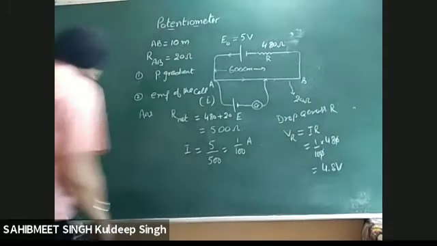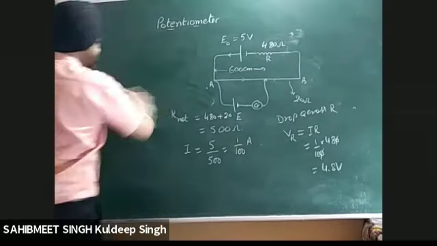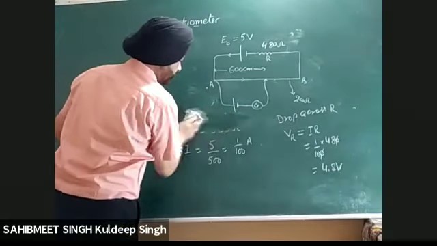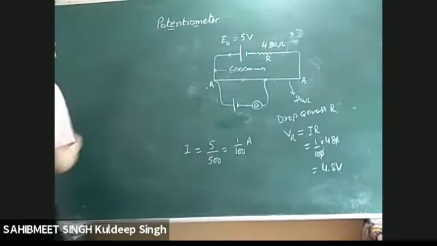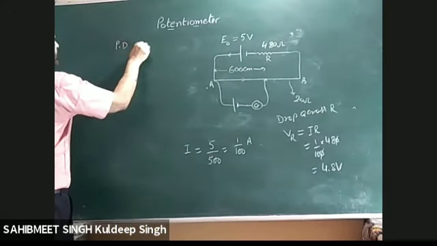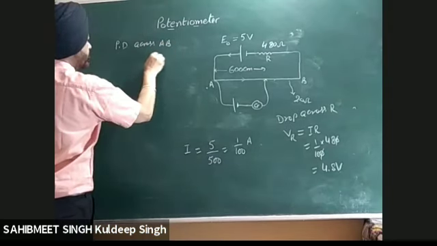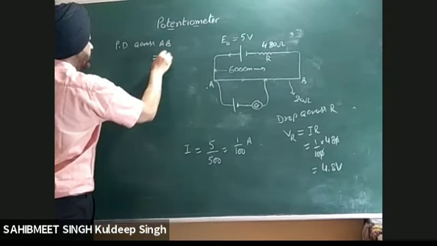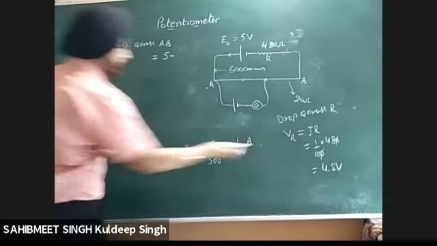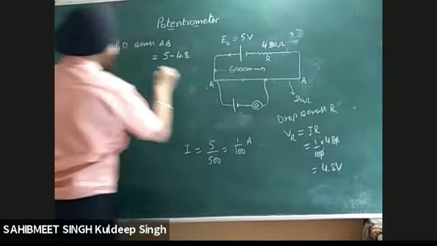So therefore potential difference across AB is equal to 5, this one, minus the drop across the resistance.